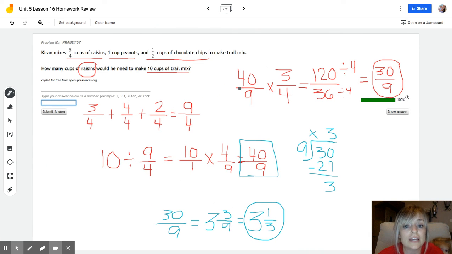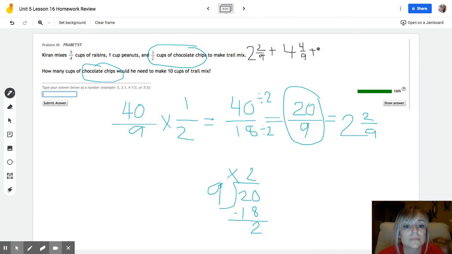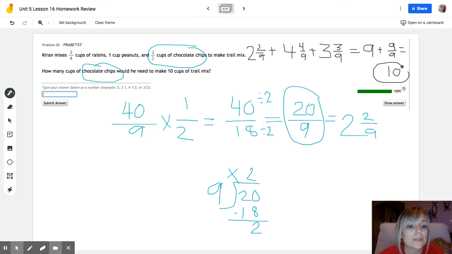We'll leave the ninths to keep the denominators the same. So first we add our whole numbers. 4 plus 2 is 6, plus 3 is 9. Plus we add our fractions. 2/9 plus 4/9 plus 3/9 gives us 9/9, which is actually equivalent to 1. And so 9 plus 1 is 10. And there you go. That is the answer.